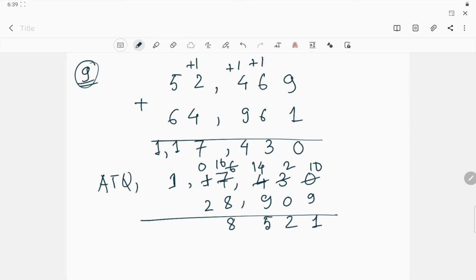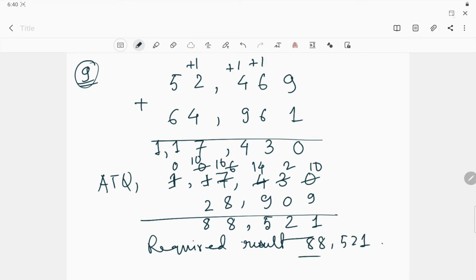So 8, and since 0 is less than 2, so it will be 10. So 10 minus 2 is 8, and this will be minus 1, right? That means 0. So 88,521, that is our required result, right?